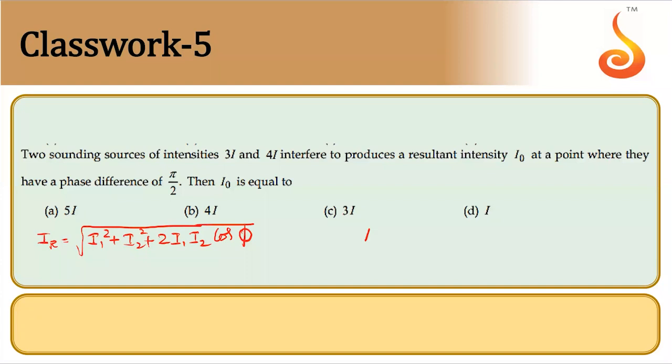See, this is the same as the amplitude relation, A1 square plus A2 square plus 2 A1 A2 cos phi, right? So same as this.